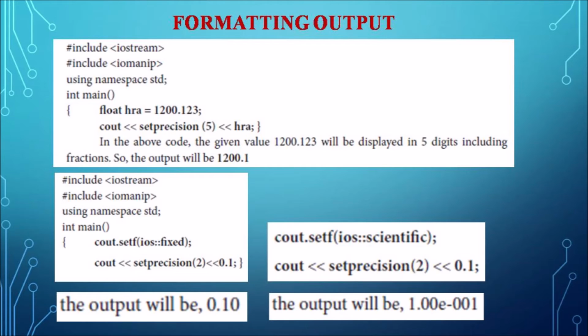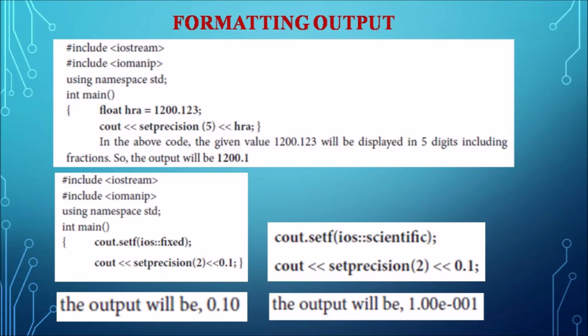And you see how setf works. There are two types in setf, that is fixed and scientific. In the first example, they have used the fixed method, and they have given setprecision 2 with the value 0.1.